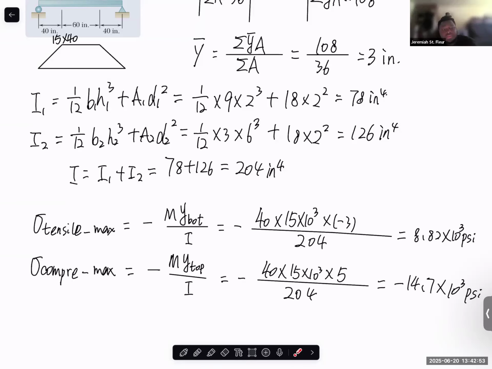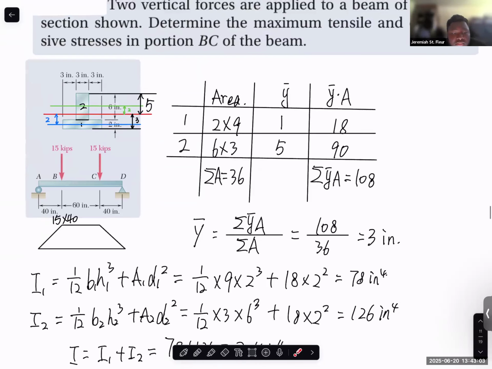I have a question. Why did we define our central axis? Can you scroll back up? Right there. I was kind of confused. Why did we define the red line? Well, before we do our calculation, we need to know where the neutral axis is.